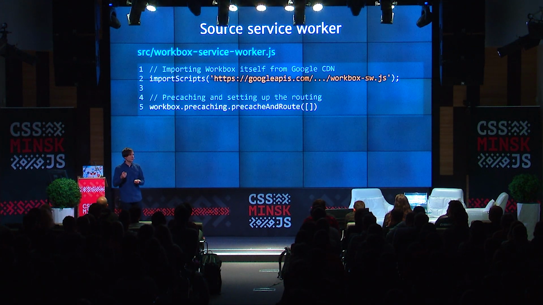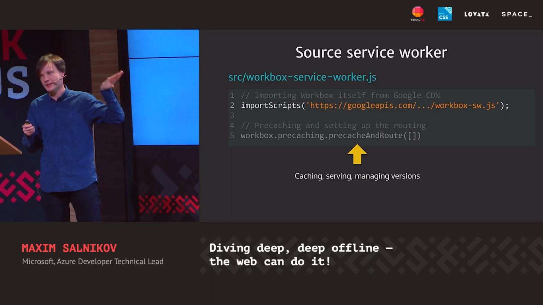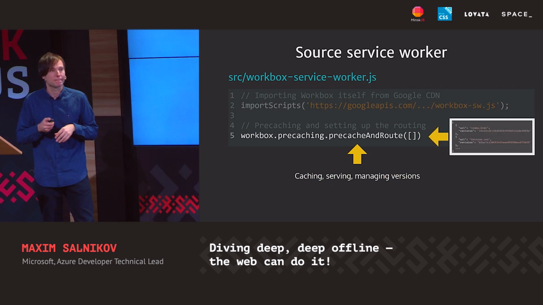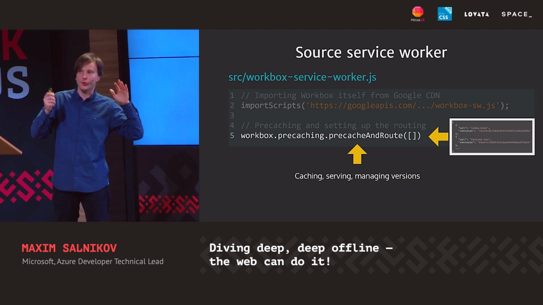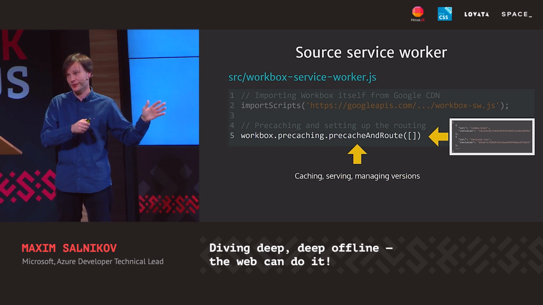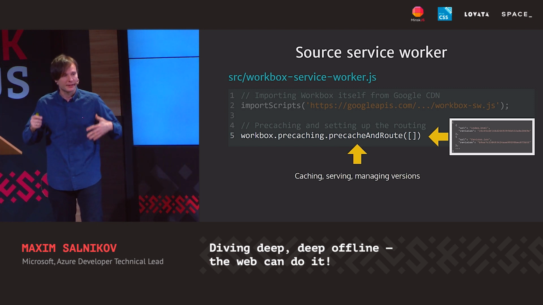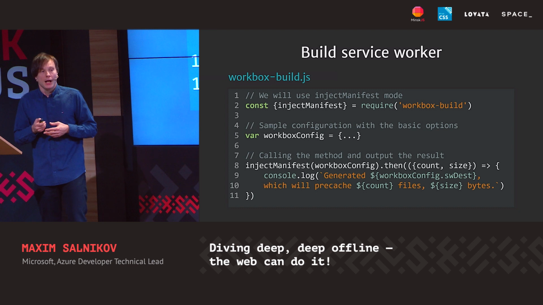How could this service worker look? Again, in very minimal form, it's just downloading the Workbox library itself from the CDN, and this magic method called precacheAndRoute, which is actually taking care of all these three points I mentioned. So managing cache, putting into cache, serving from cache, and exposing very useful methods for you.